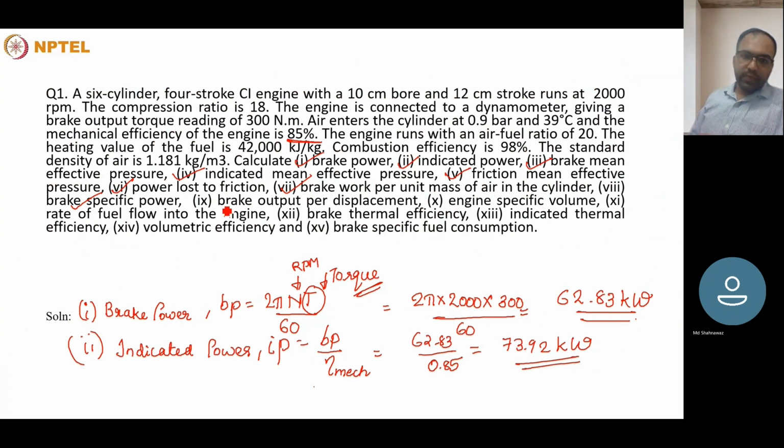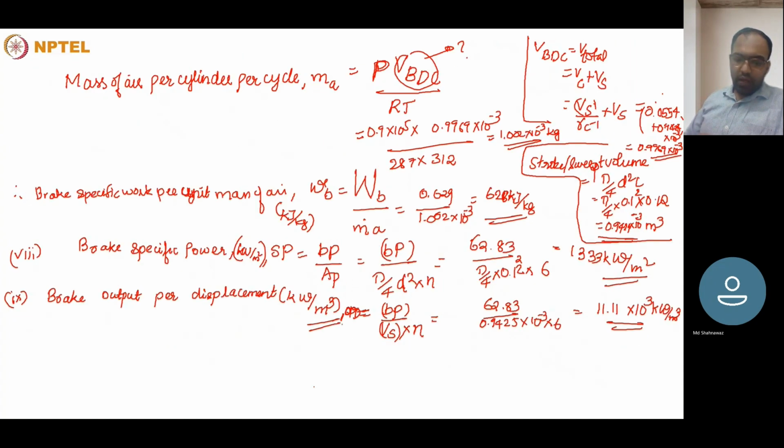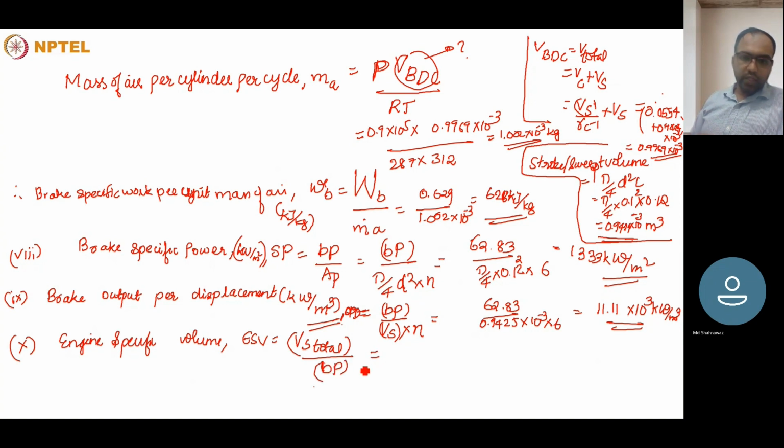Brake output per displacement, the unit will be kilowatt per meter cube. The next one we have to calculate is the engine specific volume. Engine specific volume will be the reciprocal of brake output per displacement. So the engine specific volume is equal to Vs total, that is Vs into number of cylinders, divided by the brake power of 6 cylinders together.